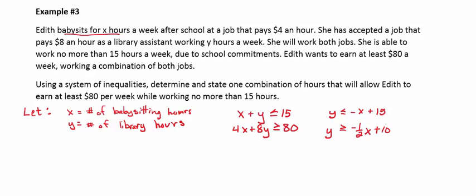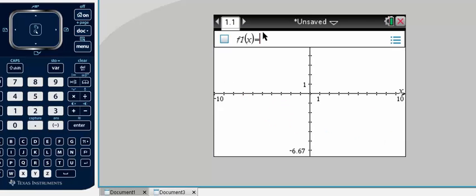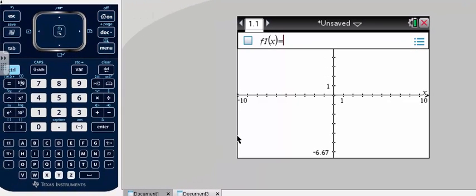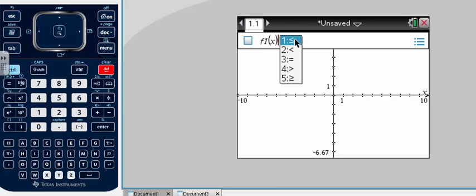So, if we go over to a calculator screen, let's see. So, make sure that we can see the whole thing here. All right. What you're going to do is input your two inequalities. So you have a y equals screen. Let's delete out the equal sign, and you're going to insert a less than or equal to, and then we'll put a negative x plus 15.